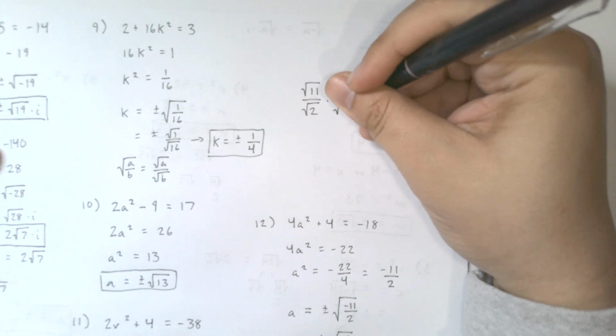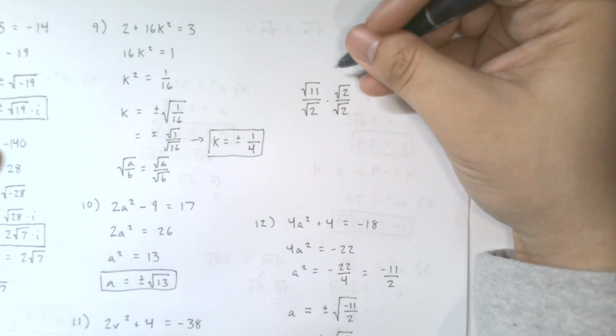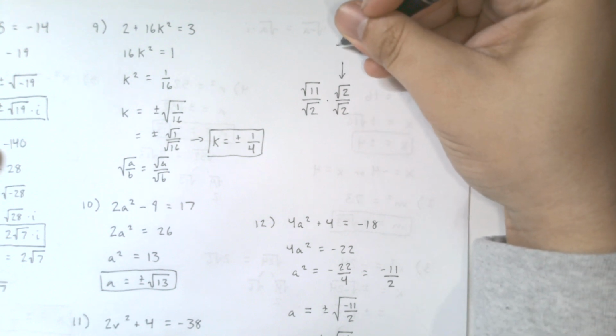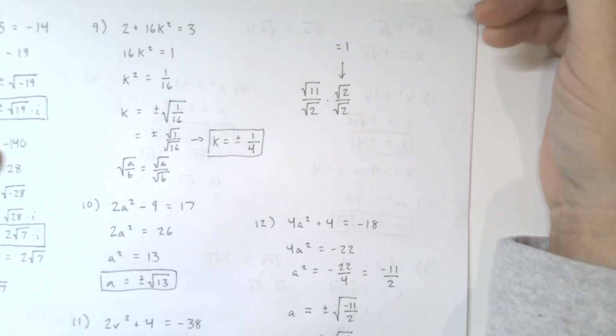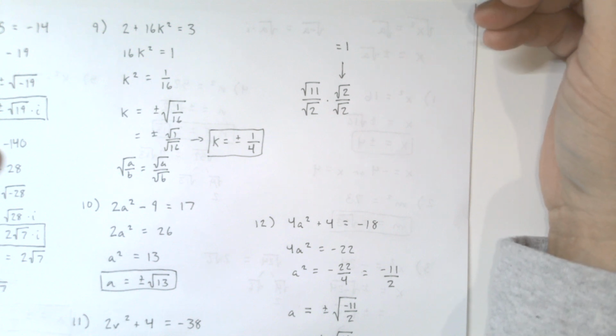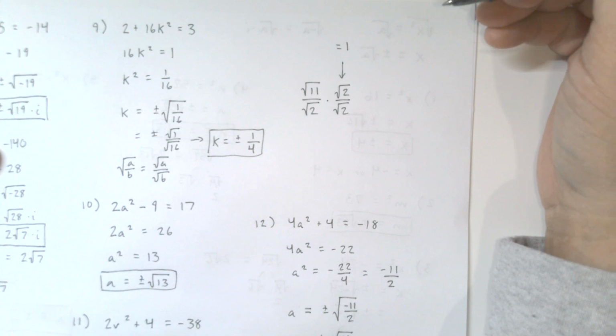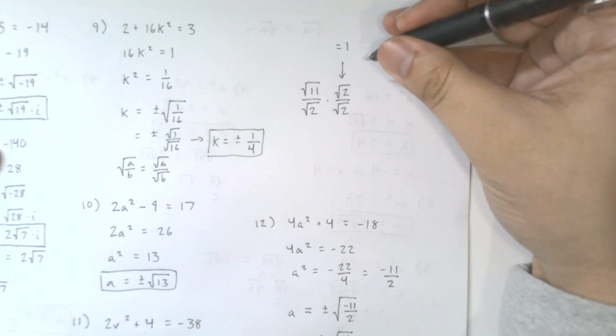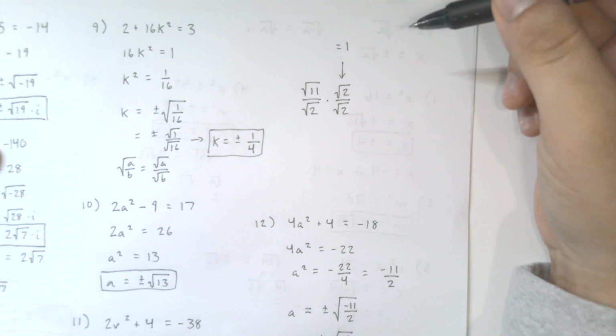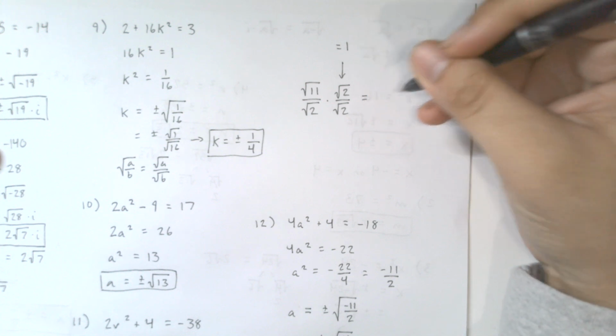by the square root of 2 over the square root of 2, remember that this right here is just equal to 1. So we know we're not changing the value of our fraction because any number divided by itself is equal to 1, even if it's something funky like the square root of 2 over the square root of 2. With this, we can just multiply across.